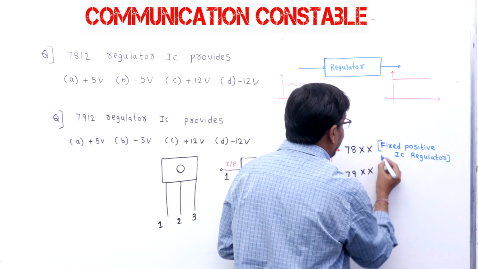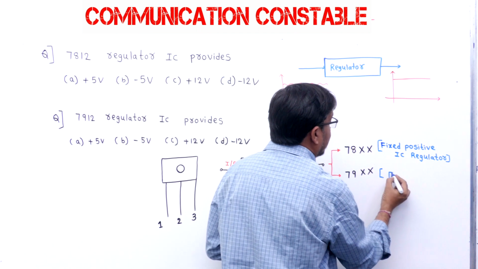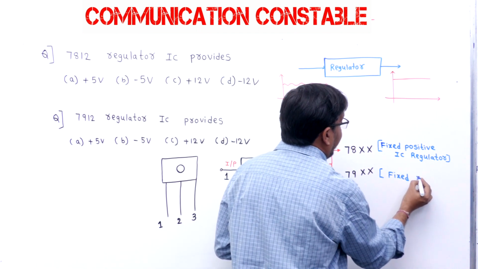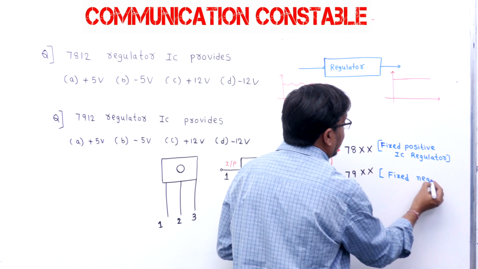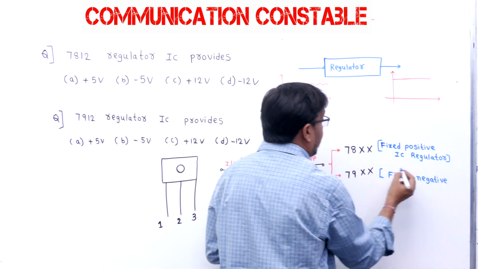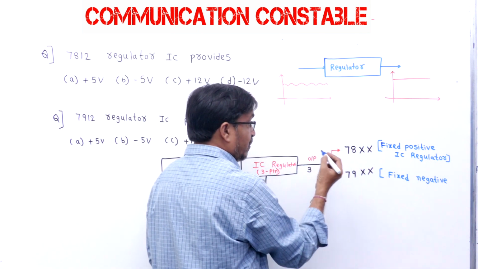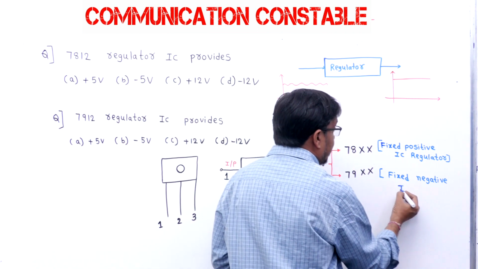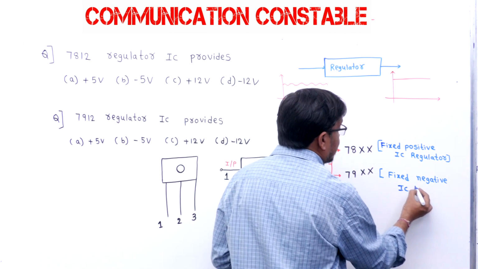And what does 79XX mean? It is also a fixed IC regulator, but it is a fixed negative IC regulator. Fixed positive IC regulator is 78XX, 79XX is fixed negative IC regulator.